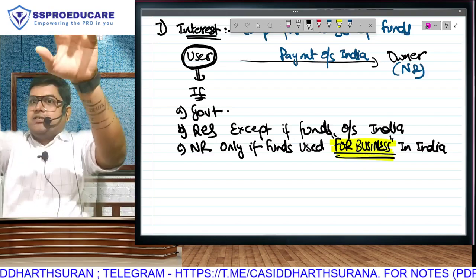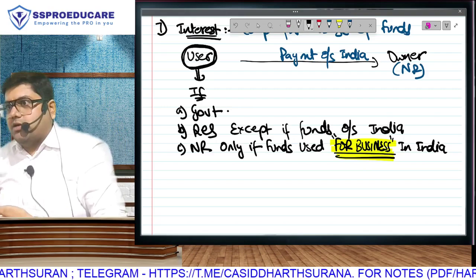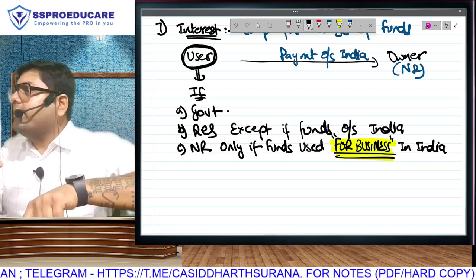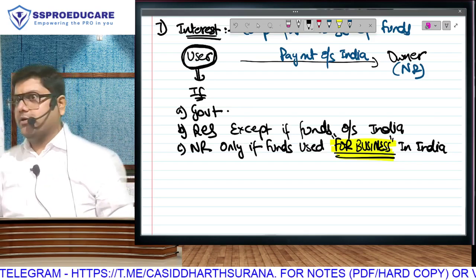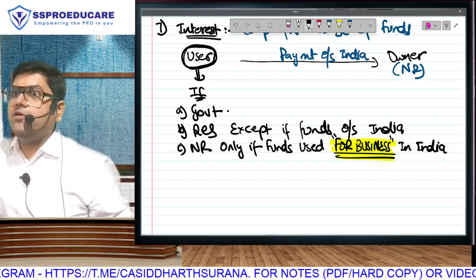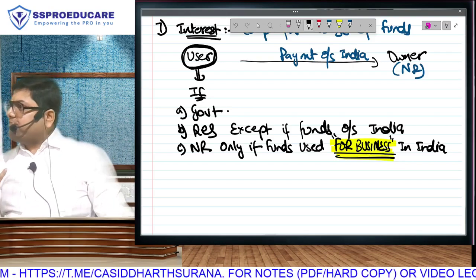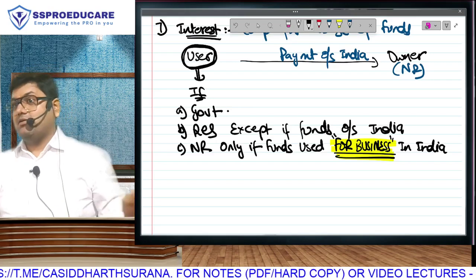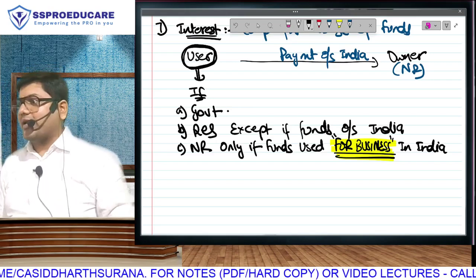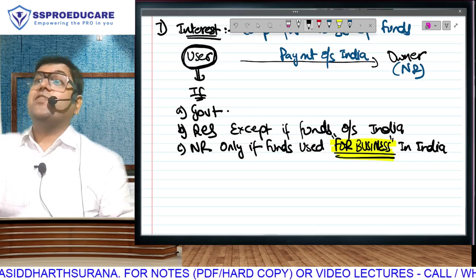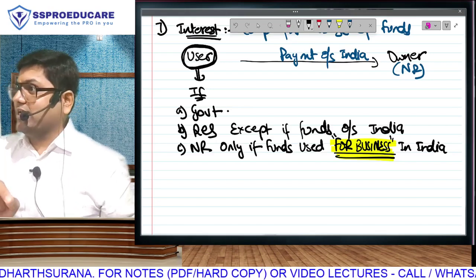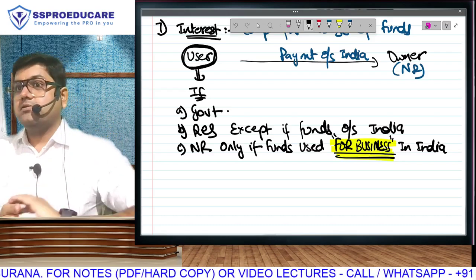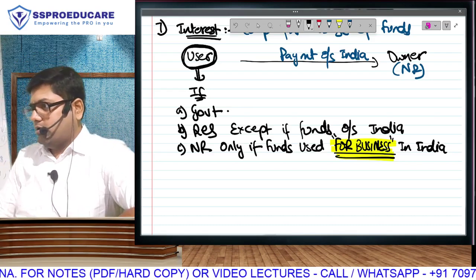That means from a non-resident, if I have taken a loan, another non-resident, and I have used that money for buying a house in India, for buying a car in India, personal loan, is that money still being used in India? That means the interest is being generated in India. So then the receiver non-resident's interest should be taxable. But we are not making it taxable. We will make it taxable only if the borrower non-resident is using the money in India for the purpose of business or profession, which is wrong.